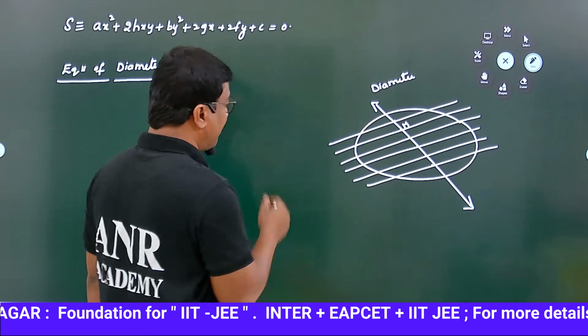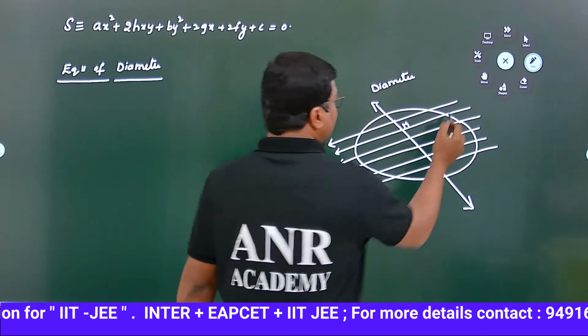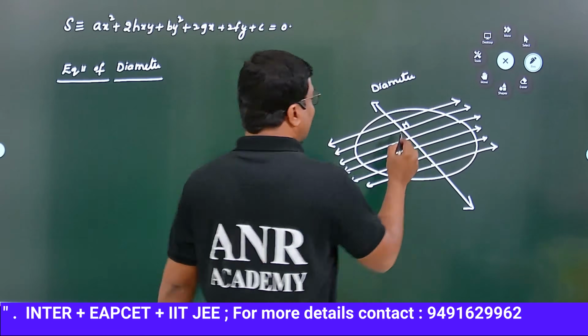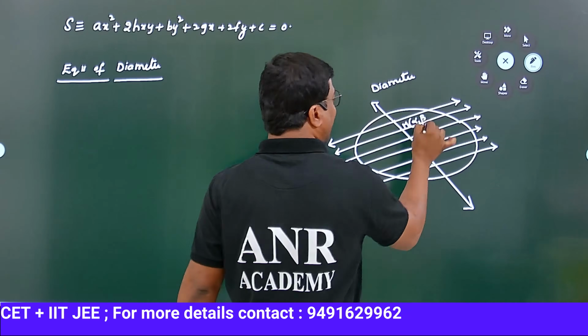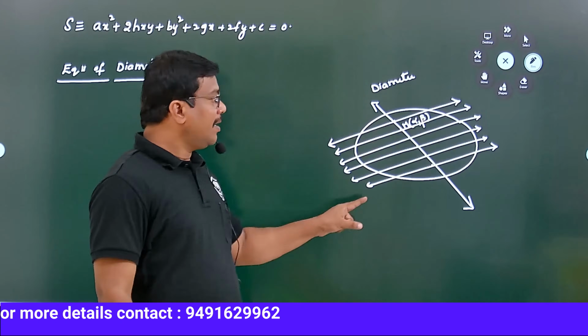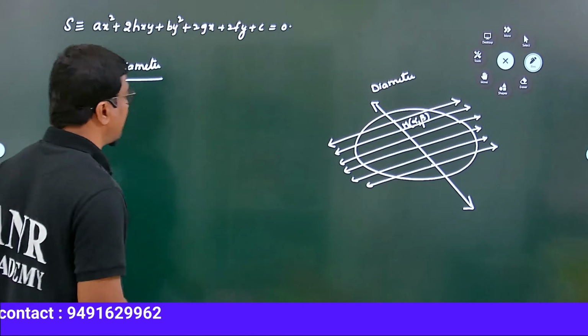So first, to get the equation of diameter, as locus point I am going to select alpha comma beta, and first I am going to find the curve with given middle point.